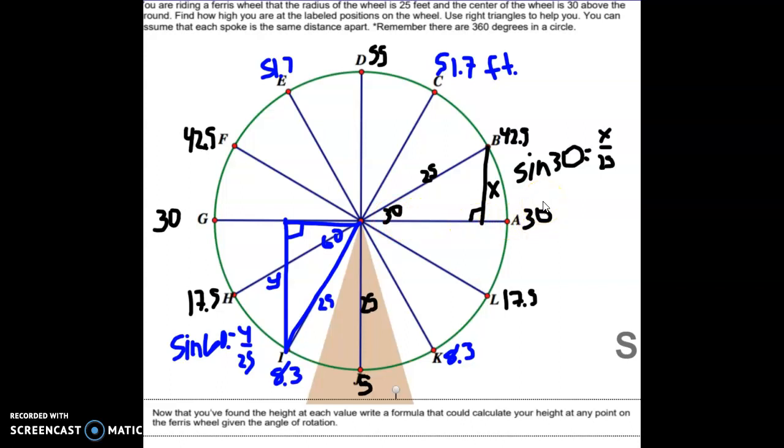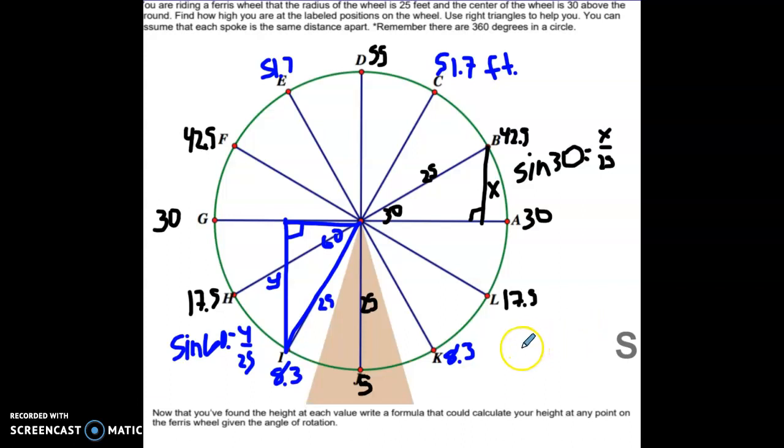But let's look at the ones that we used. We did the sine of the angle of rotation, and it was equal to the opposite over 25. And 25 was a constant in all of the formulas because the hypotenuse was always 25.